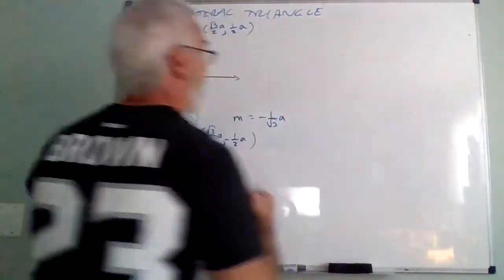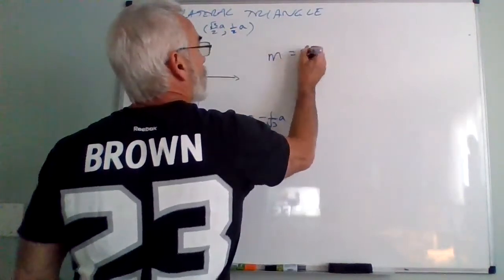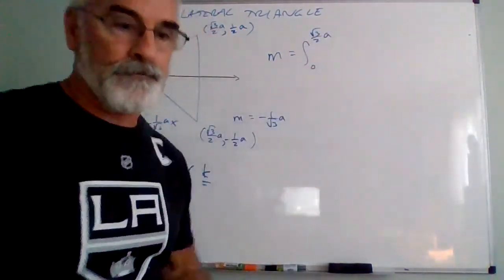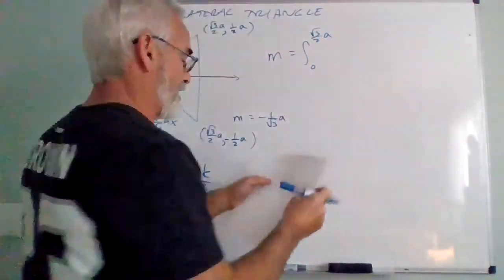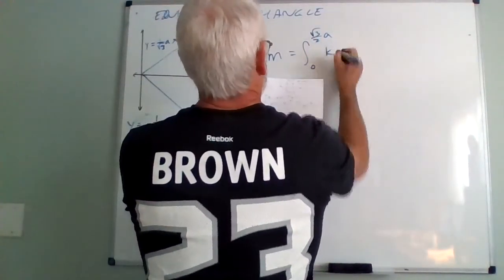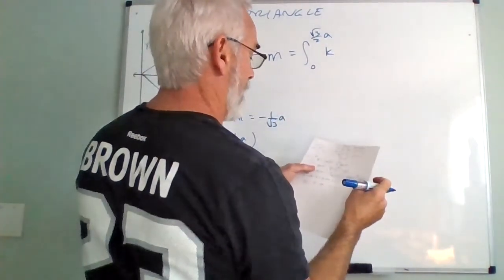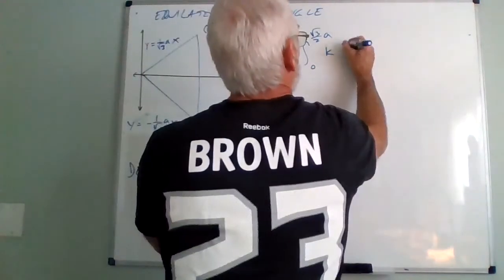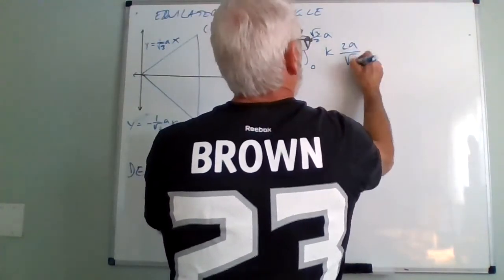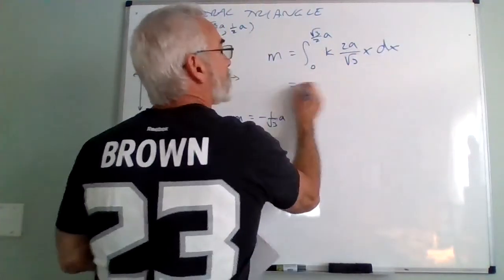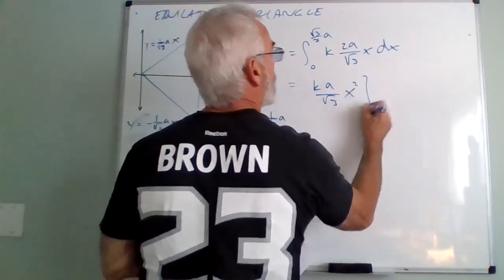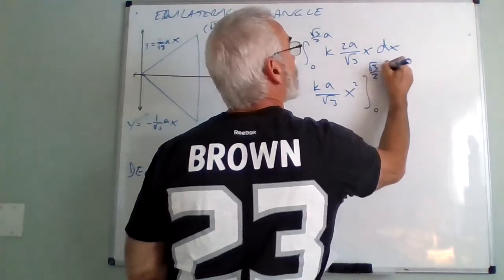Okay, so the mass calculation, all right, we said that was 0 to root 3 over 2a. And that's k times 2a over root 3x dx, which is ka over root 3x squared from 0 to root 3 over 2a.